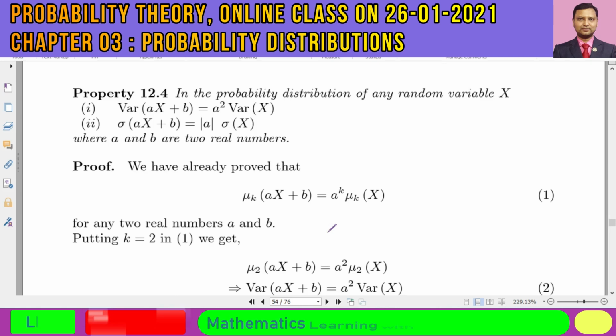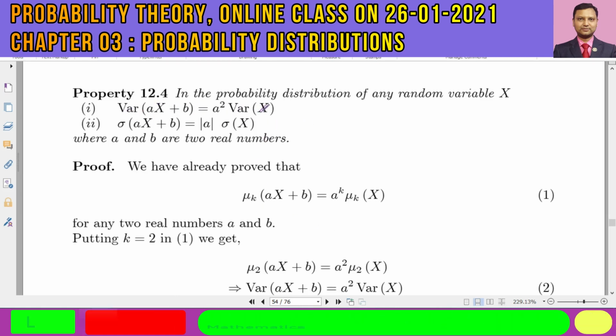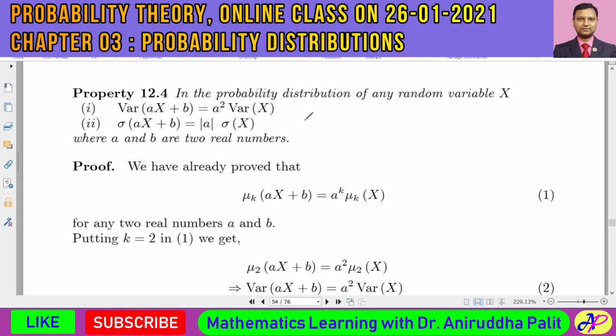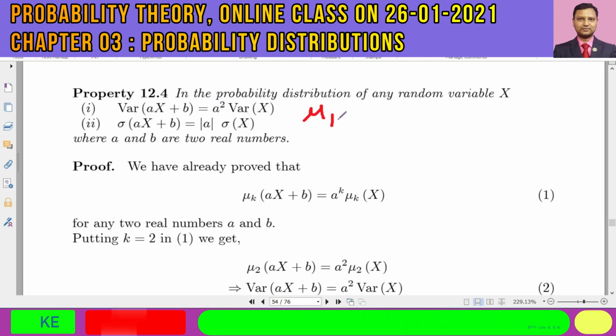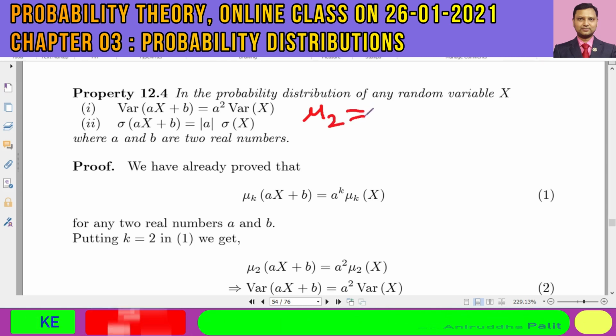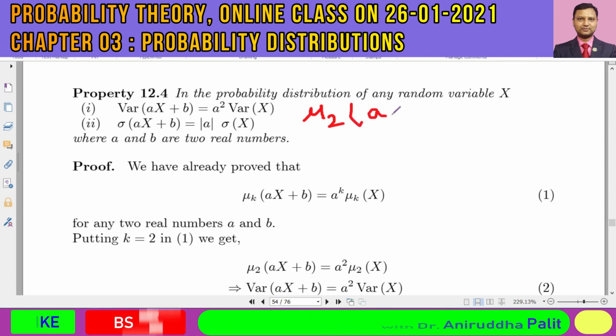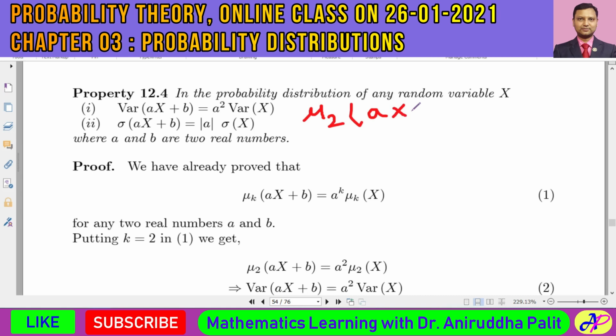Over here I am leaving this result for you. You see, variance of ax plus b should be equal to a square into variance of x, because already I have proved that mu 2 of ax plus b should be equal to a square into mu 2 of x.